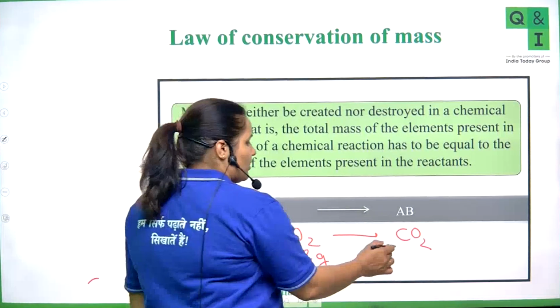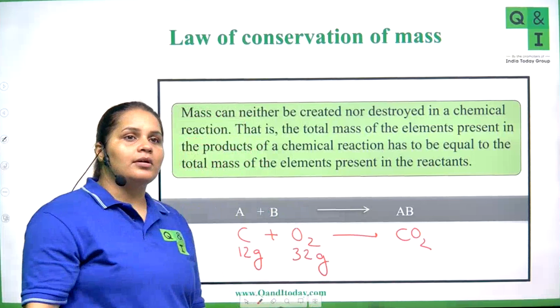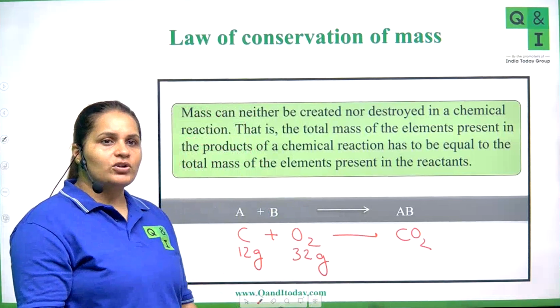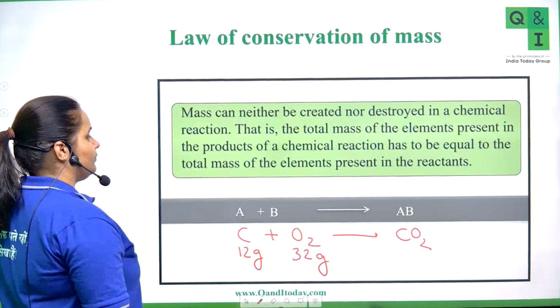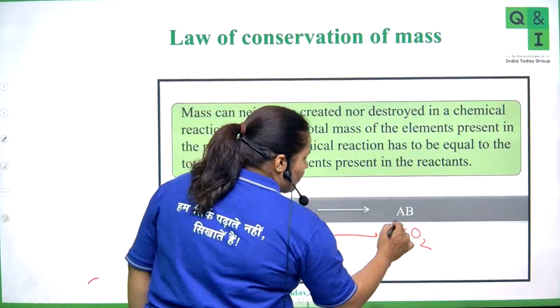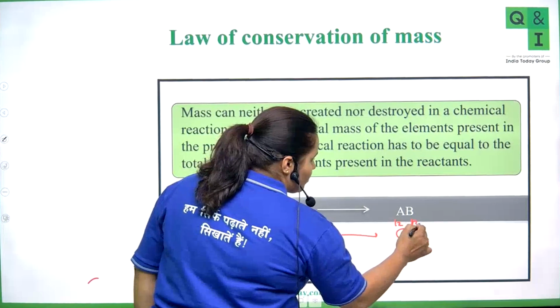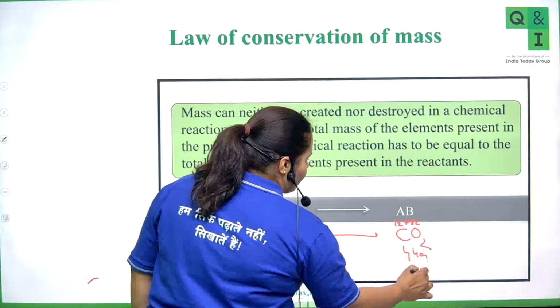Can you tell me the mass of CO2 now? 44. Exactly. 12 gram for carbon and 32 gram for oxygen, it is going to be 44 gram.